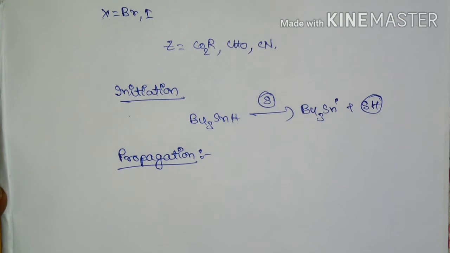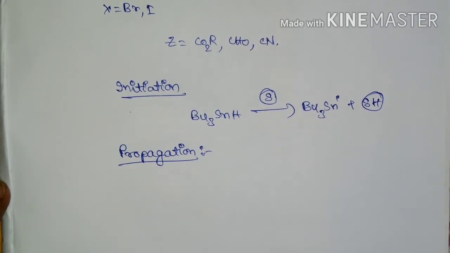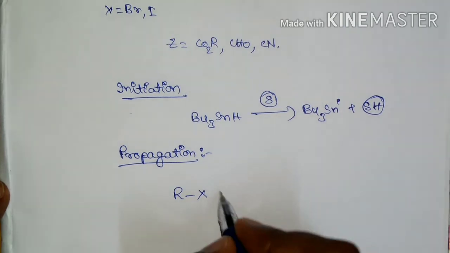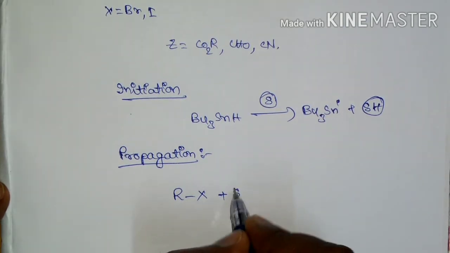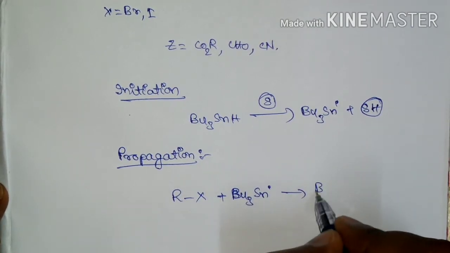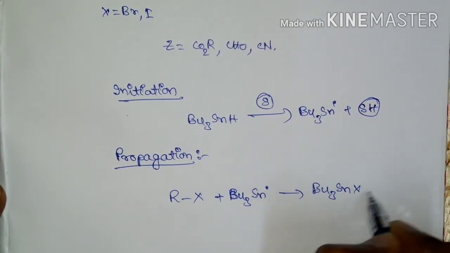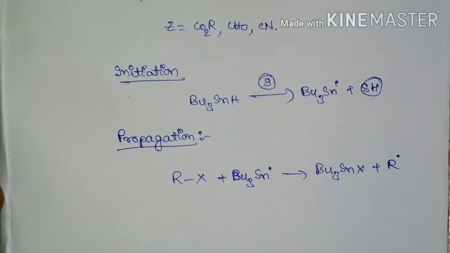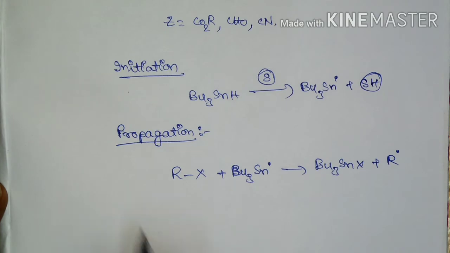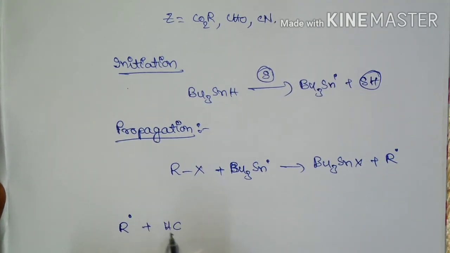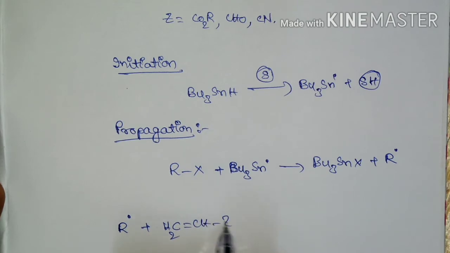Here in this propagation step, whatever halide we are going to react is going to react with the tributyl tin free radical, and it is going to form tributyl tin halide plus an alkyl radical. Now this alkyl radical, whatever is formed, is going to react with the alkene.